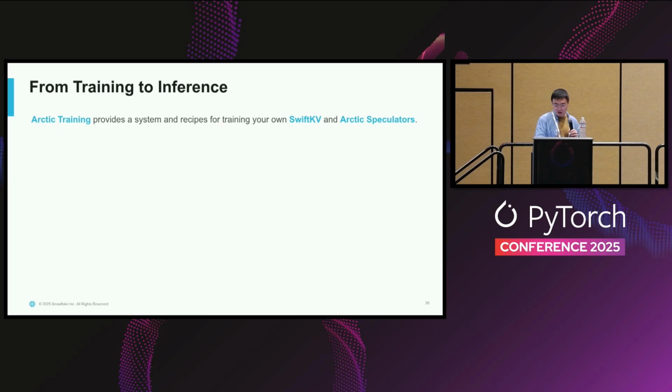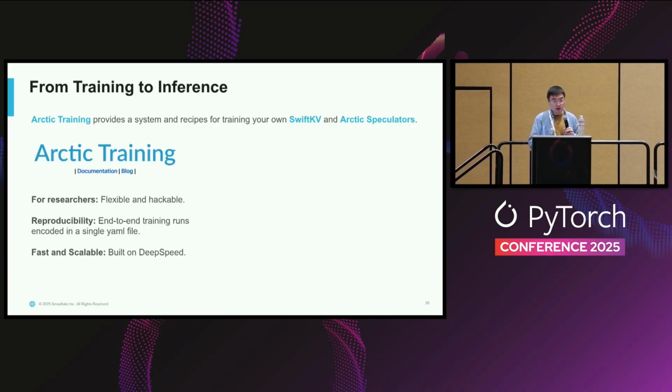OK, so next, we also provide a very easy-to-use system and recipes that you can use directly to train your own SwiftKV and Arctic Speculator models. And this is in a project called Arctic Training. So Arctic Training is a sister project of Arctic Inference. And it's built to be flexible, and it's built to be hackable for researchers.